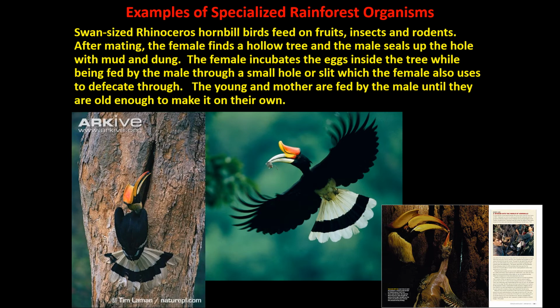The female incubates the eggs inside the tree while being fed by the male through a small hole or slit, which the female also uses to defecate through. The young and mother are fed by the male until they are old enough to make it on their own. So this is a very beautiful example.